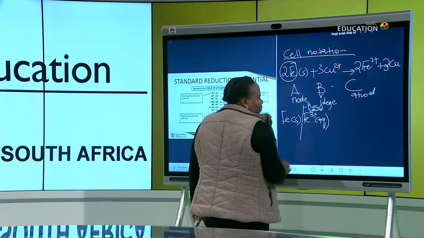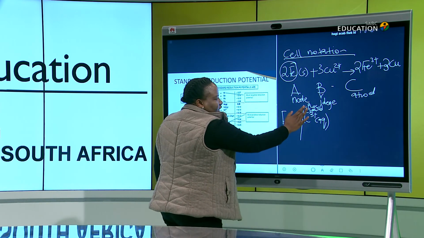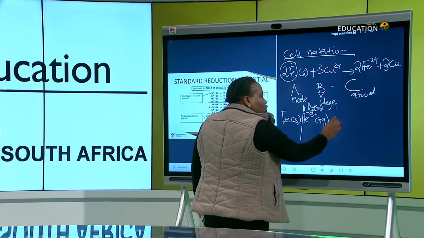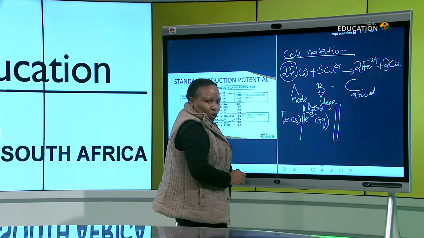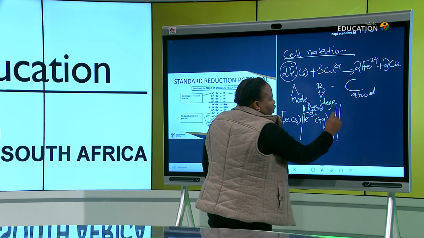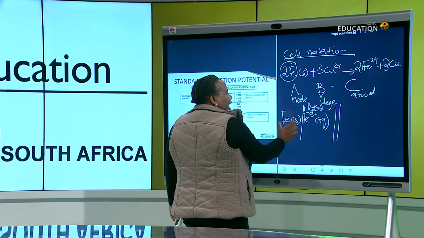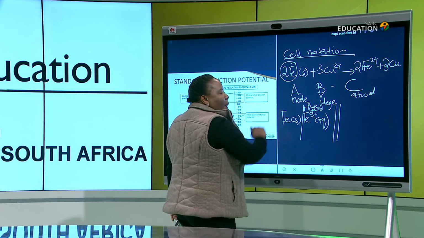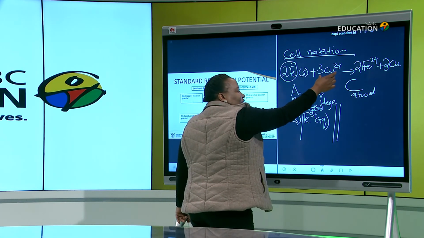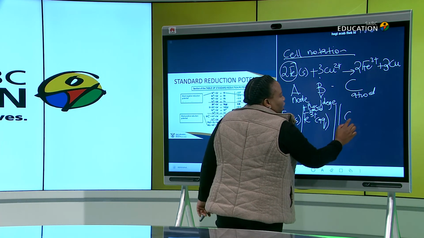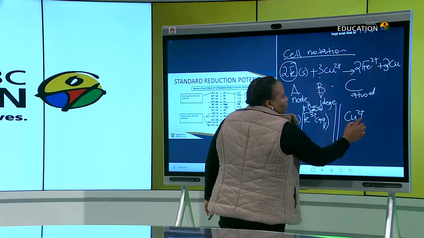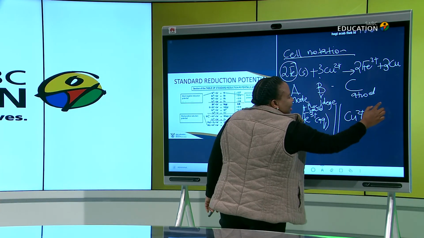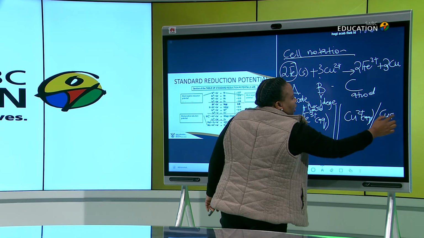So we use one slash for a phase boundary, and for the salt bridge we use two slashes. On this side, for the copper one, it's from Cu 2 plus to copper. So it's going to be Cu 2 plus, which is aqueous, slash Cu, which is a solid.